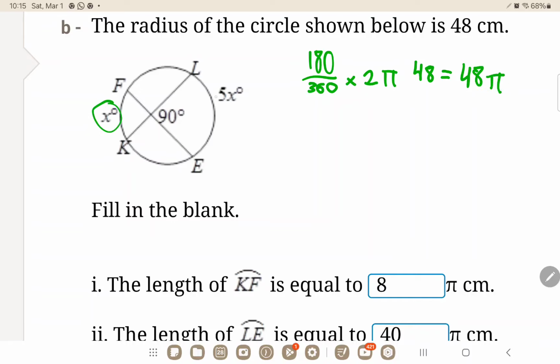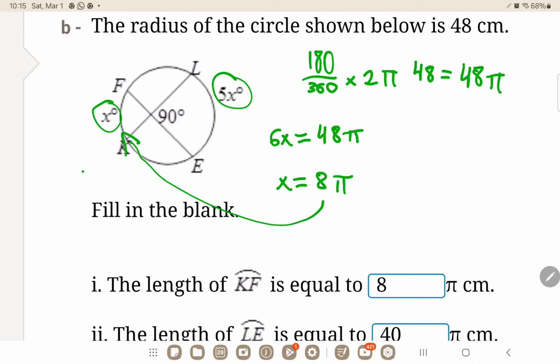Now we know that x plus 5x is 6x equals 48 pi. So each x equals 8 pi. So x will equal 8 pi, which is arc KF, and this is 8 pi times 5 because it's 5 of x. So 8 times 5 is 40 pi.